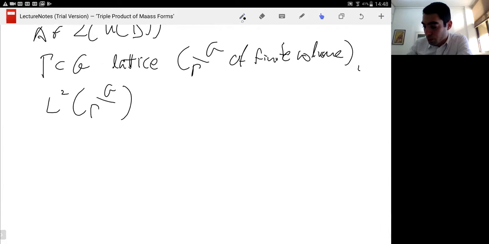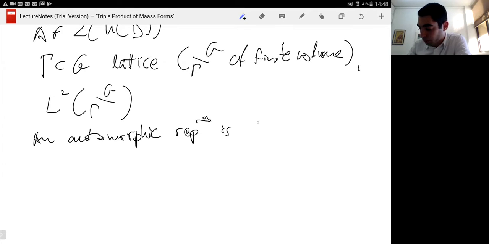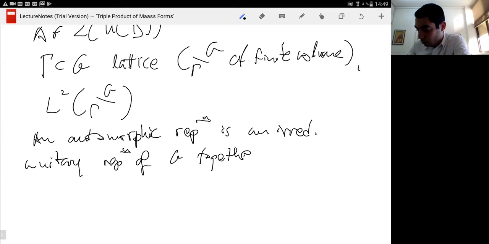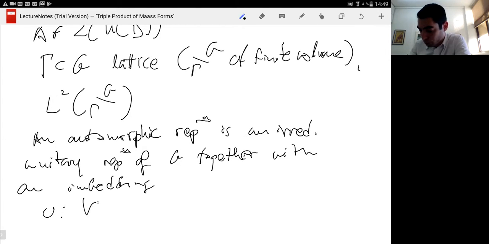Now, for our purposes, an automorphic representation is an irreducible Hilbert space unitary representation of G together with an embedding nu into this L2.